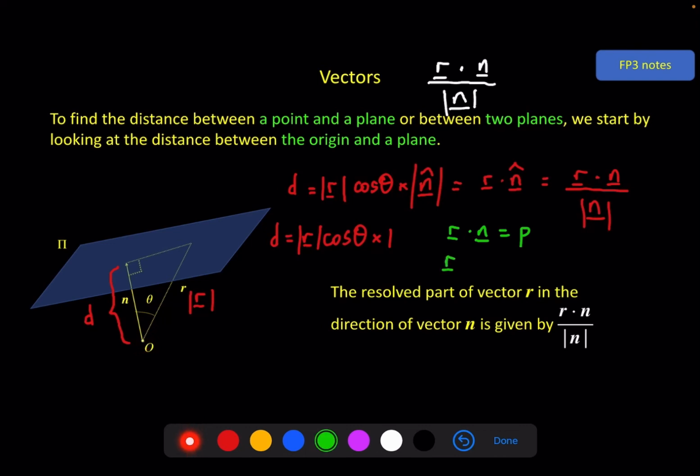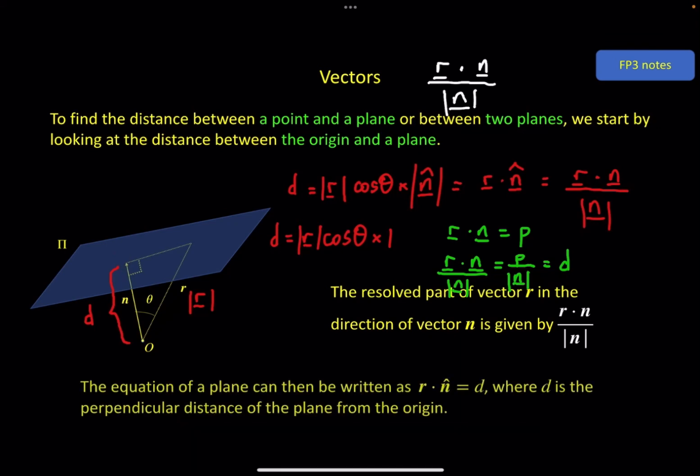So if I just divide both sides by the magnitude of n, probably a vector that I'm going to know, p divided by the magnitude of n, that is the perpendicular distance, i.e. the shortest distance from the origin to that plane.